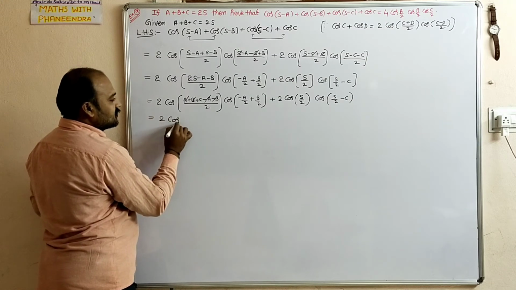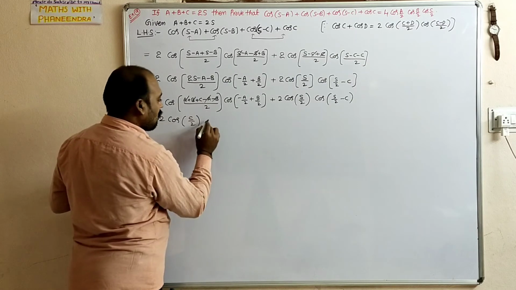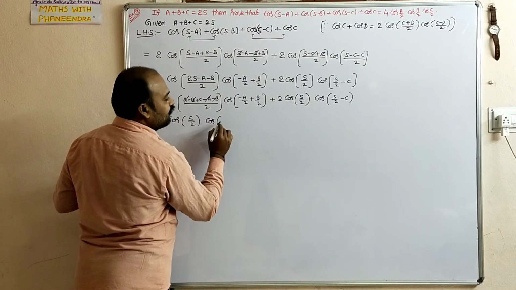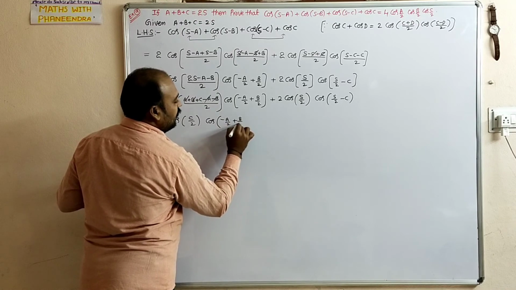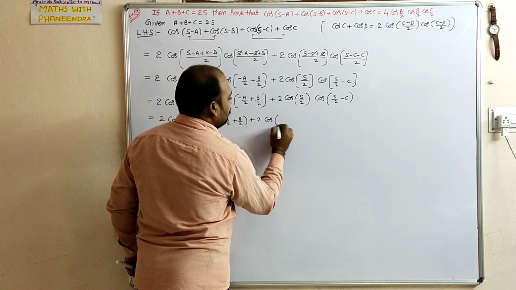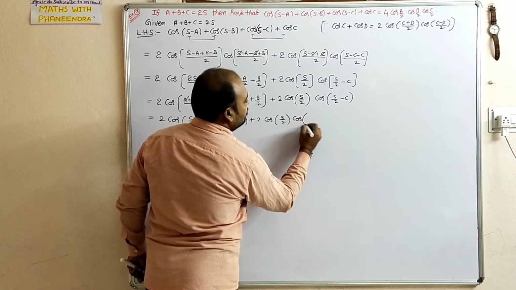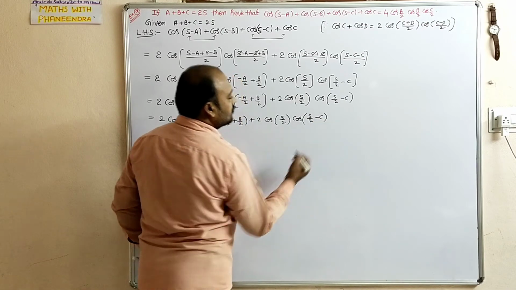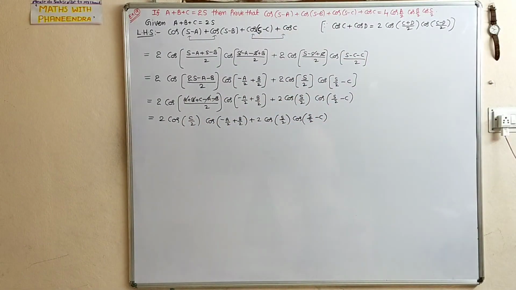So 2 cos c by 2, cos minus a by 2 plus b by 2 plus 2 into cos s by 2 cos s by 2 minus c. We'll move to the next step.